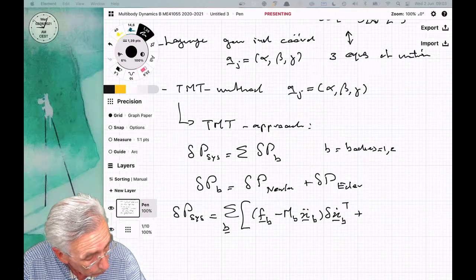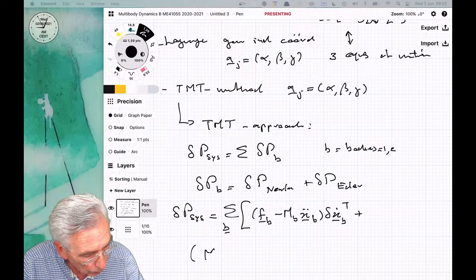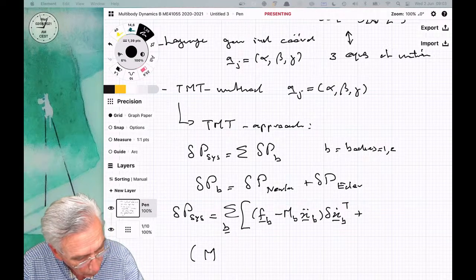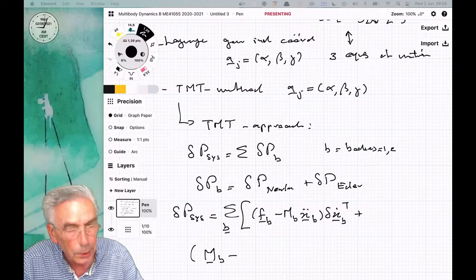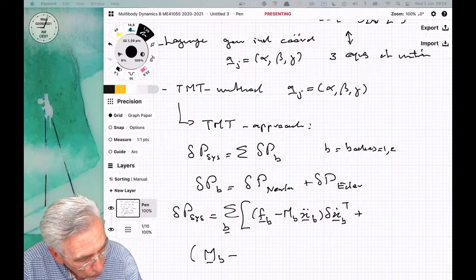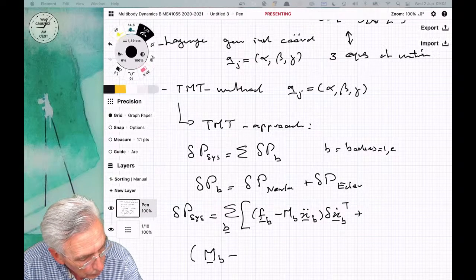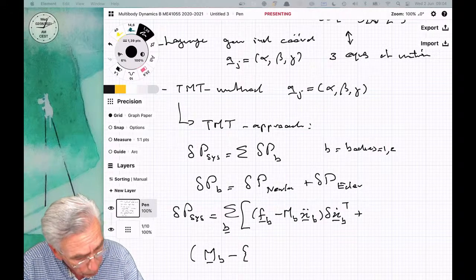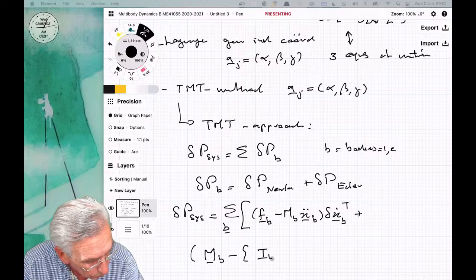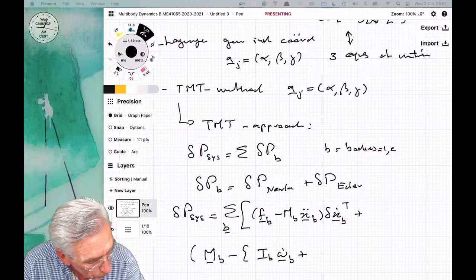Then we go to the Euler part. And I need a little bit more space there, so I have the torques applied to the body, minus, and then the inertia terms, but the inertia terms are not as simple as they are here, right? They are a bit more complex, because we have mass moment of inertias from that body, times angular accelerations, and then we have these convective terms.